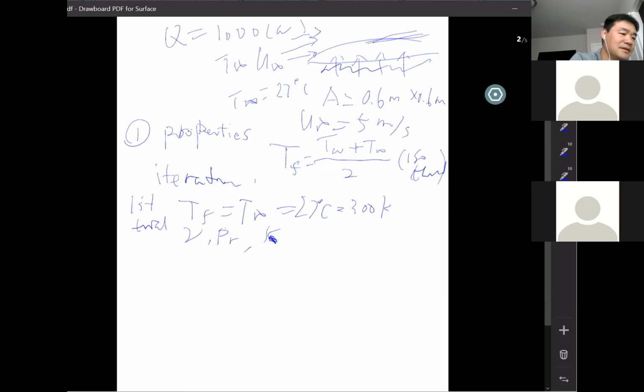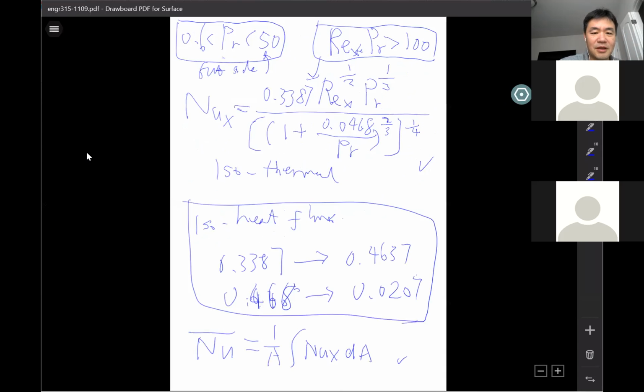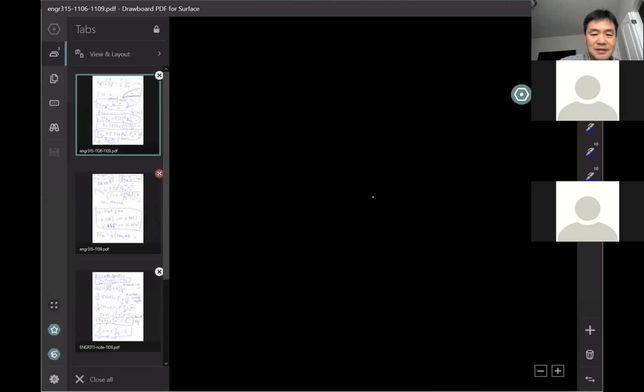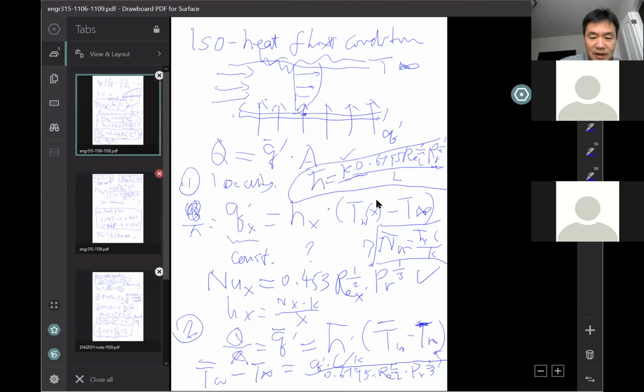Then what equation are you going to use? I want to turn to the previous page, not the previous page, maybe the previous file. Can you locate the equation that you need to use to find the average wall temperature?